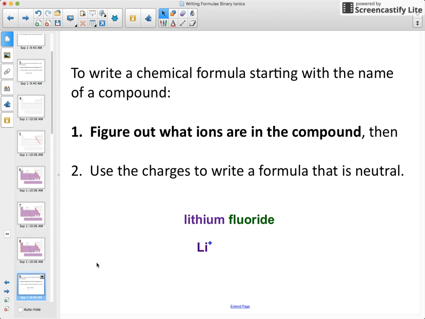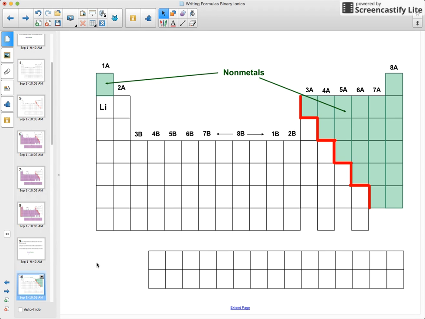So we can do the same kind of thing for the fluoride ion. Here in the areas shaded green on the periodic table are the nonmetals, mostly to the right of the staircase-shaped line. Hydrogen is the exception to that. Hydrogen is also a nonmetal.